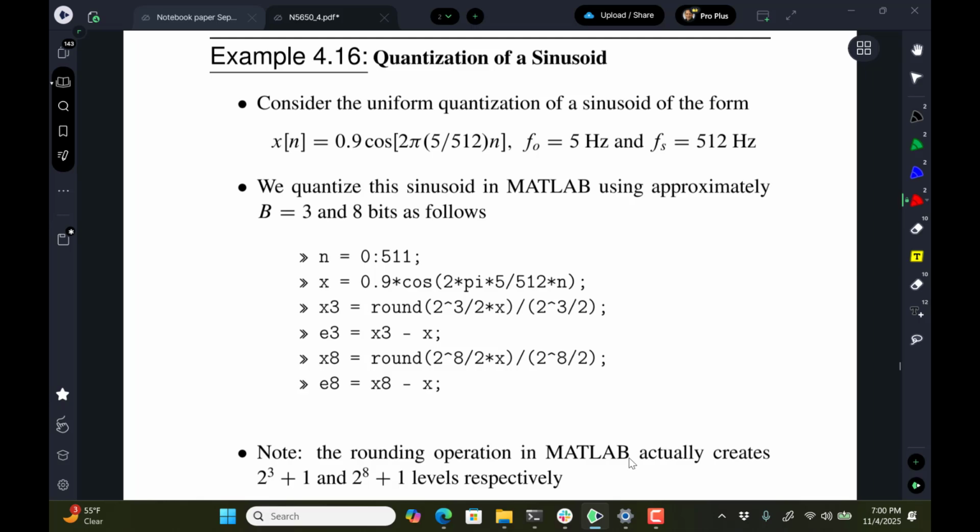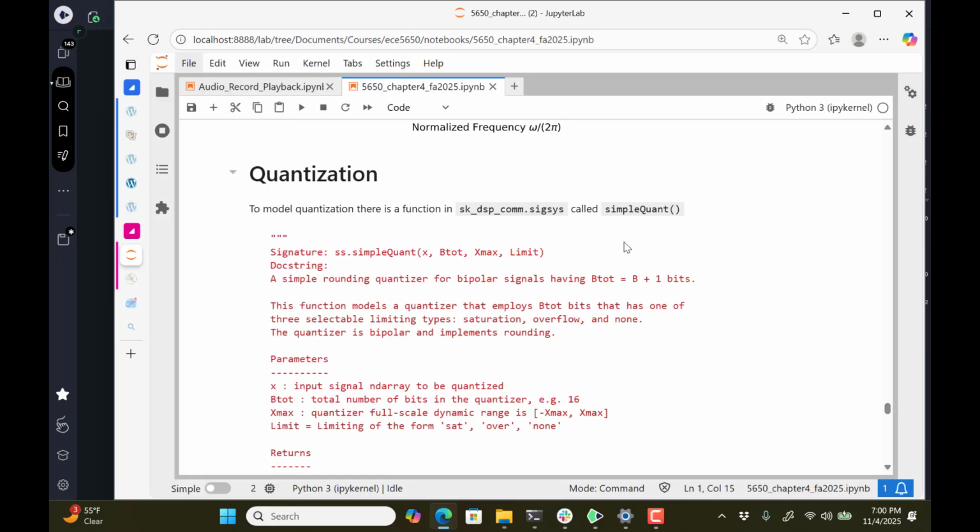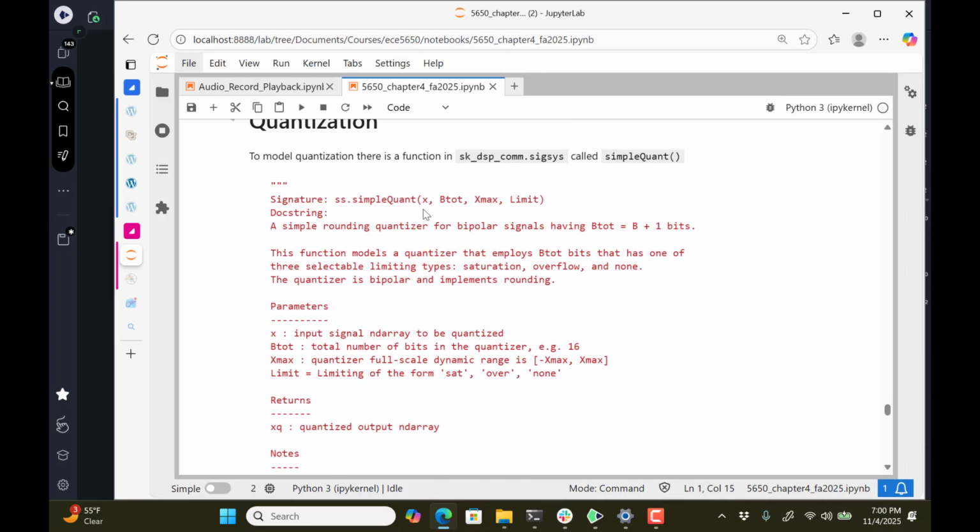Have no serious worries, but over here in Python, I have a very nice function called simple quant, which goes along with simple spectrum analyzer. So you have this available at your disposal. You get to put in the total number of bits, you get to put in x max, and you get to decide what type of quantizer it's going to be, whether it's saturation, overflow, or none. Overflow is when you have overflow with 2's complement numbers, what happens?